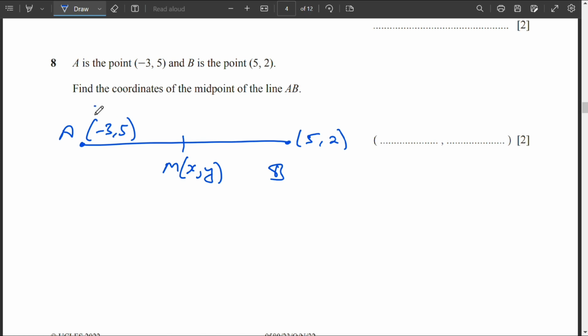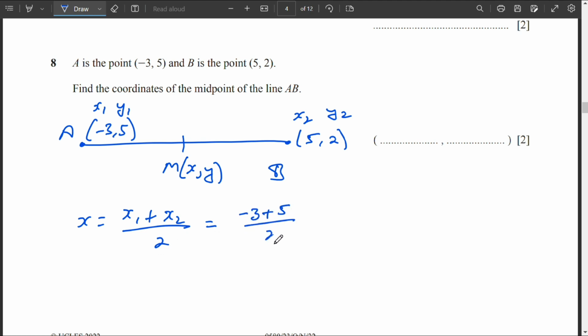Now considering this as x1, y1 and this as x2, y2. So what will be x? For the midpoint, x will be x1 plus x2 by 2. That means minus 3 plus 5 by 2, which equals 2 by 2, which equals 1.